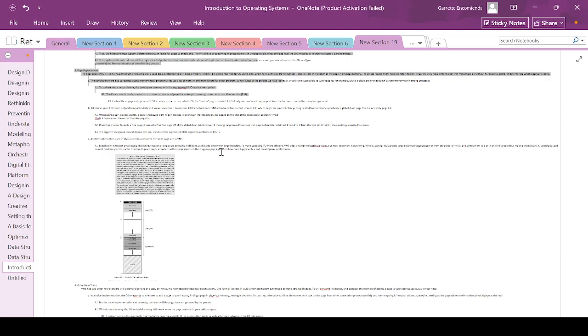Most of the policies we have looked at thus far are susceptible to such hacking. For example, LRU is a global policy that doesn't share memory fairly among processes.